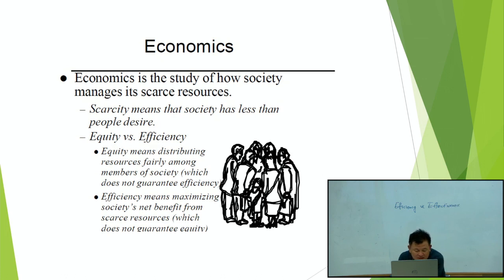But this does not guarantee efficiency. Equity means just to distribute, but it does not follow efficiency. Efficiency means maximizing society's net benefit from scarce resources. This does not guarantee equity. Equity also does not guarantee efficiency.